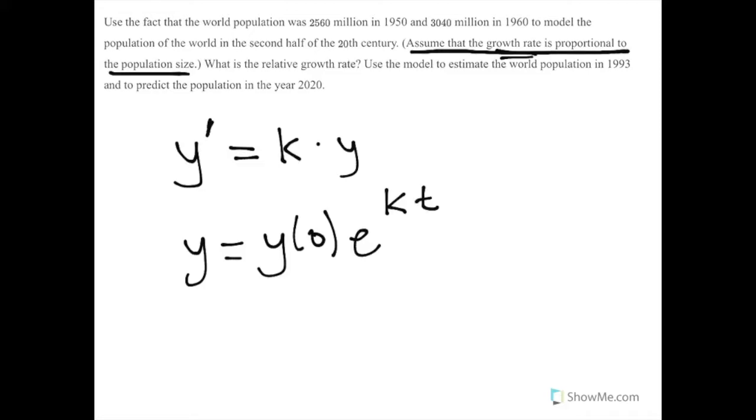But y is equal to y of 0, so this is kind of like your initial population. Okay, in the last video we called that our y-intercept. This is like our initial population here. And then the question is, what is our relative growth rate? One way to think about the relative growth rate is to talk about what k is.